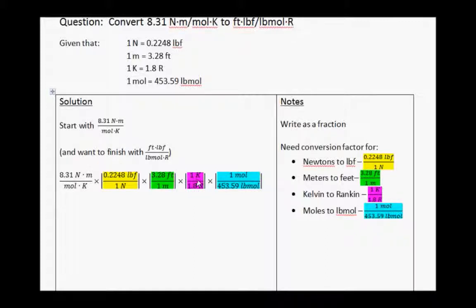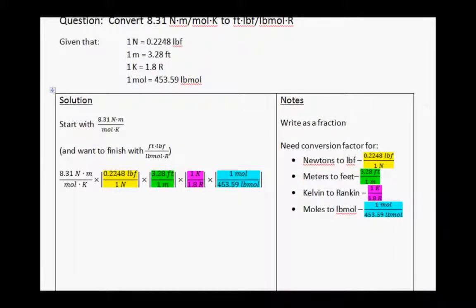And moles is going to cancel with moles on the top way over here. So that only leaves pounds force, feet, rankines, and pound moles in the right places for the answer. And just so you can see how all the units are canceling out, I'll put it on a new line so you can see all the cancellations.